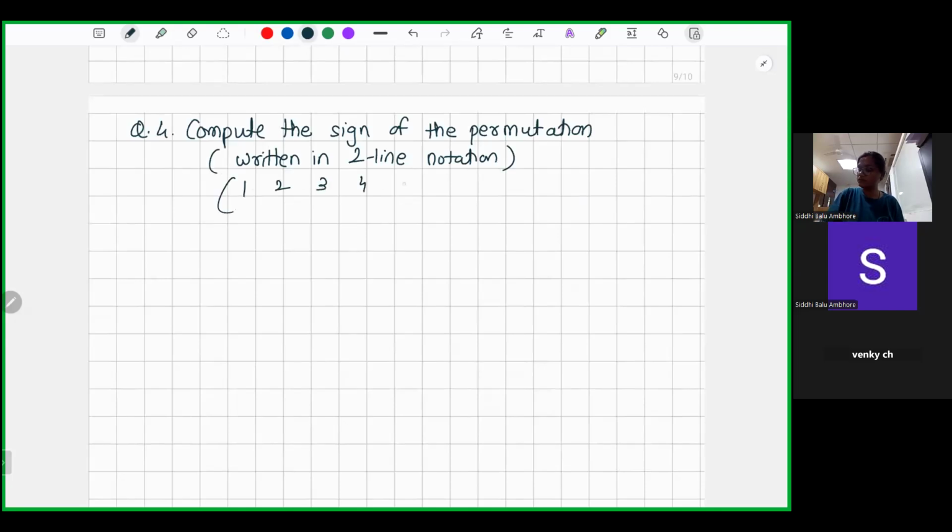Okay, so we have to find the sign of this permutation.